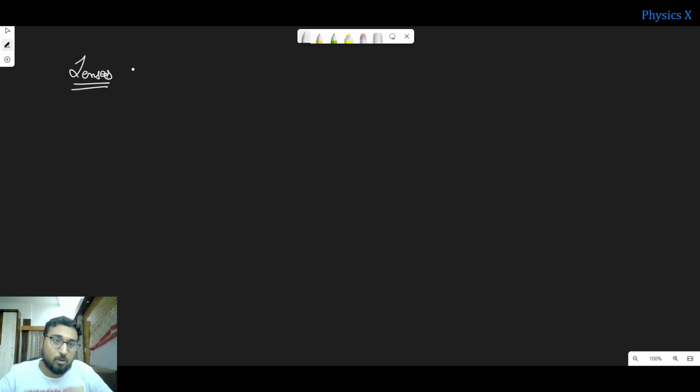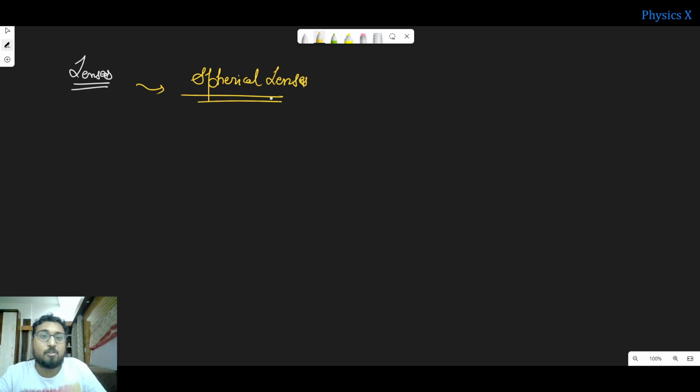So in that case also refraction is going on, bending of light is going on. So what is a lens? We will learn about spherical lenses, just like we have learned about spherical mirrors, and these are also of the same two types that were in the mirror. One is the convex lens and the other is the concave lens.